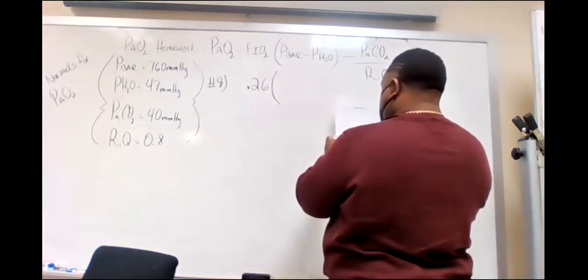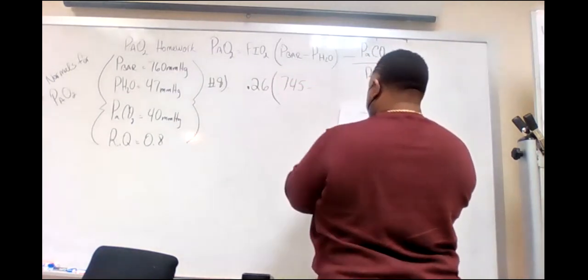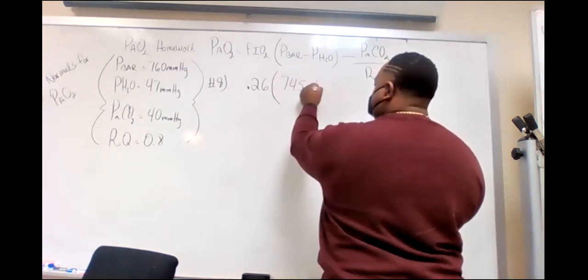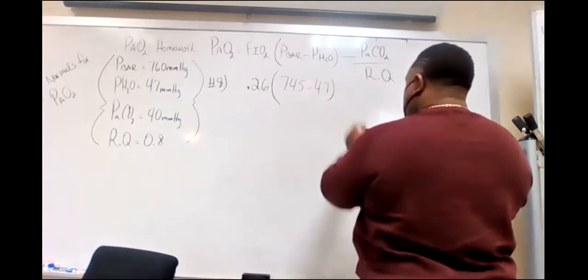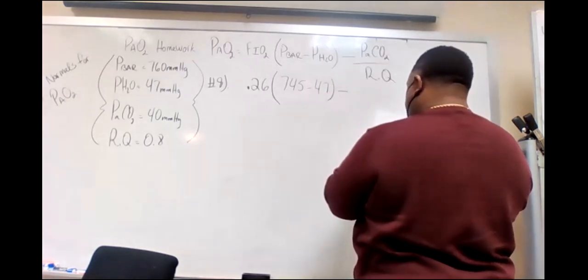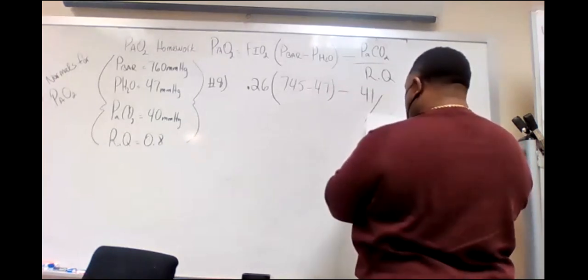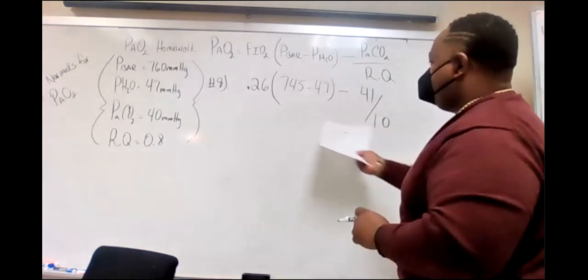Times the P bar, which is 745, minus the water pressure. They don't give us the water pressure, so we use 47. Minus the CO2, which in this one is 41, divided by the RQ being 1.0. This is how you would work it out.